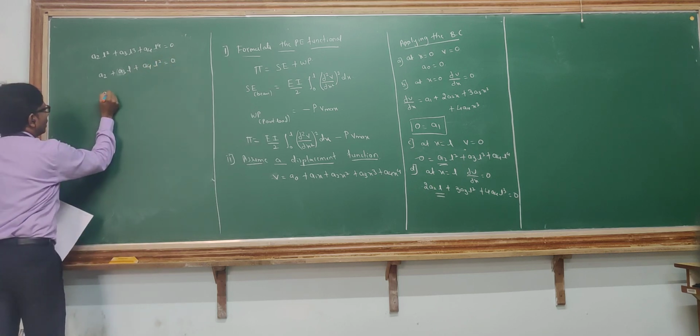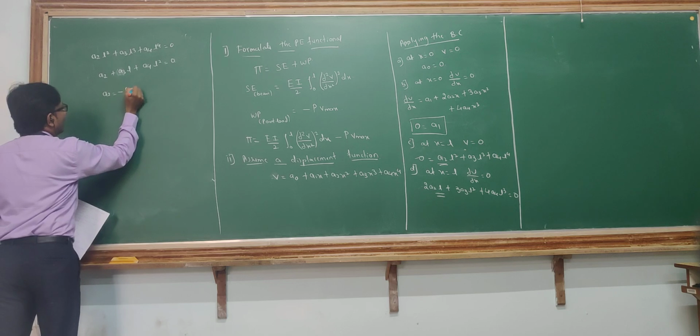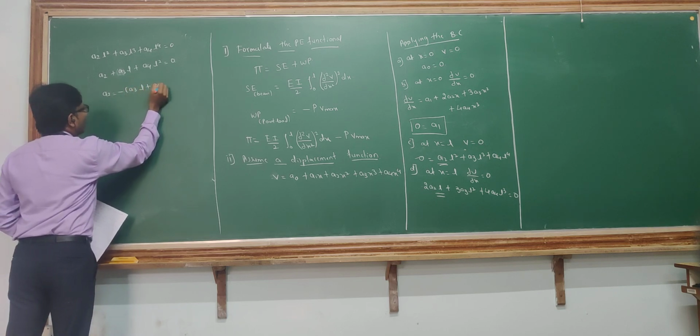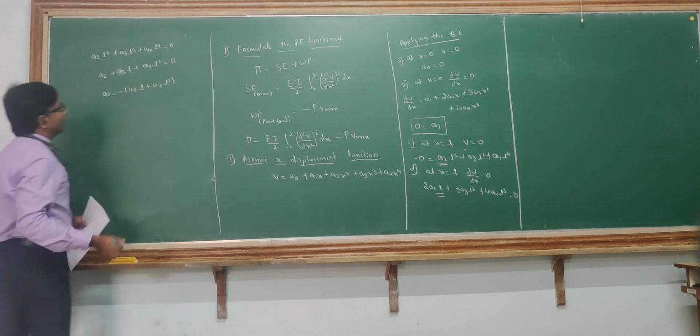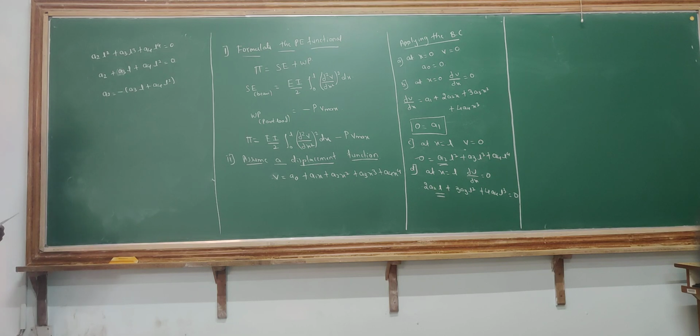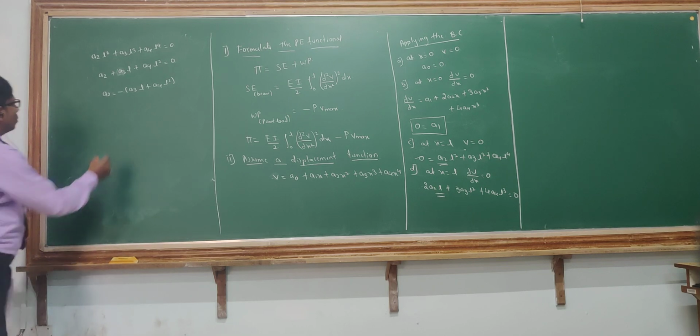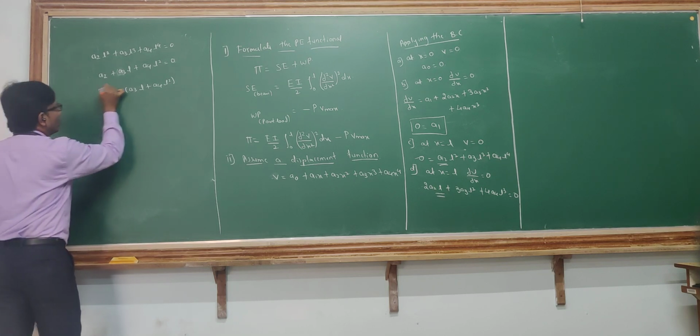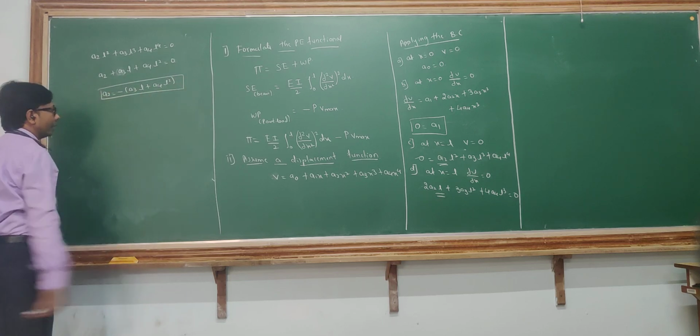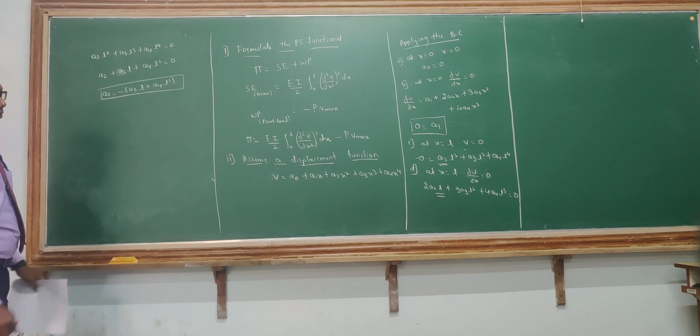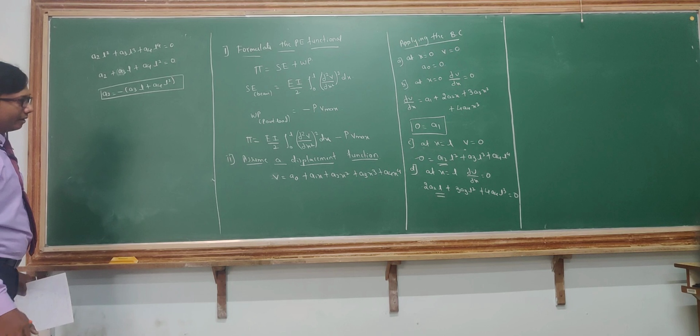So A2 will be minus of A3L plus A4L square. So you got it as A2 in terms of A3 and A4. Okay, I hope it is clear here.